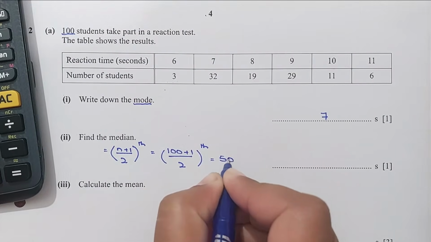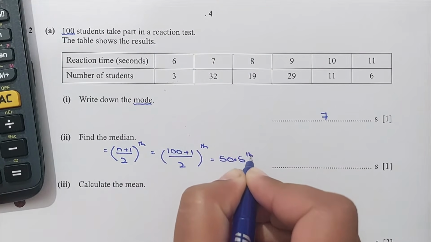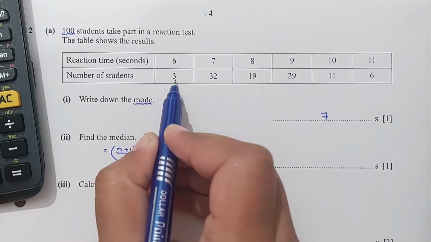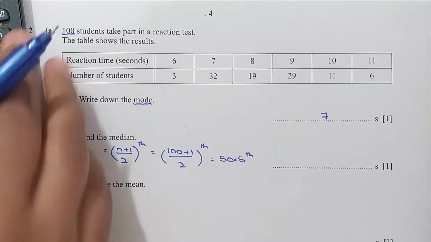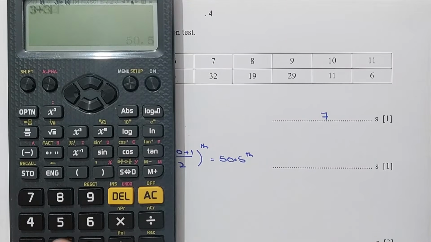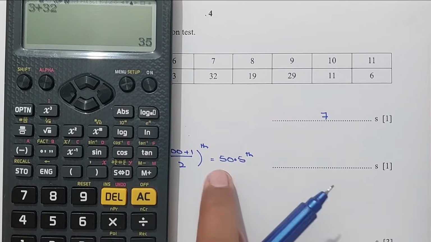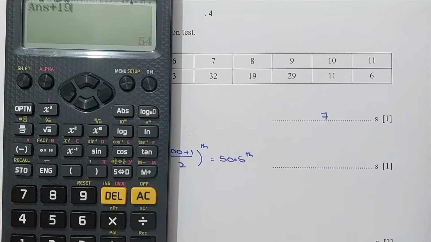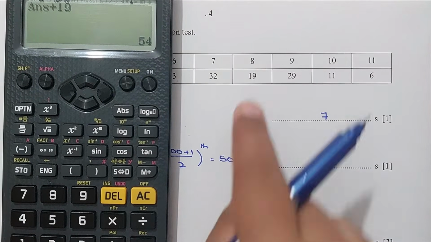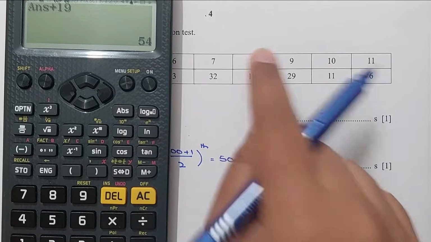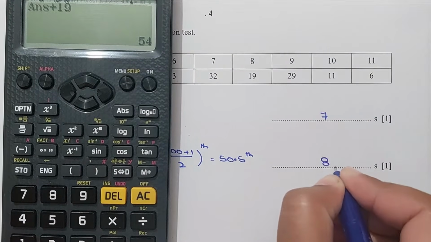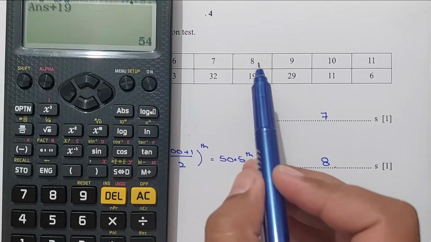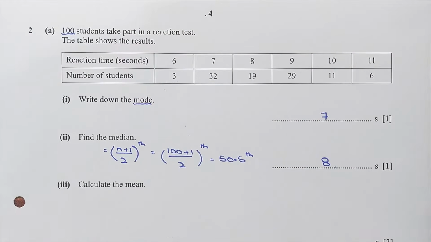So we have to find the 50.5th value, right? For this we have to add the numbers. The first one is 3. Adding 32, 3 plus 32 makes 35. It does not lie here. So now let's add 19. 35 plus 19 is 54. So when you add 19, it lies in the 8th second. The 50.5th value lies in 8, right? This is the median.